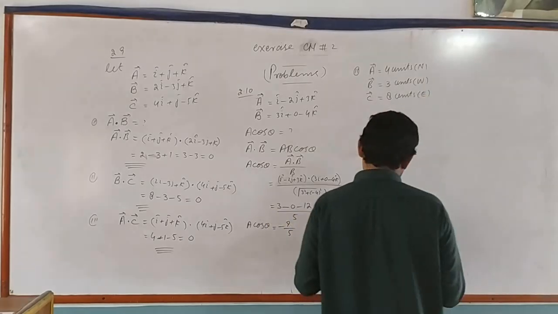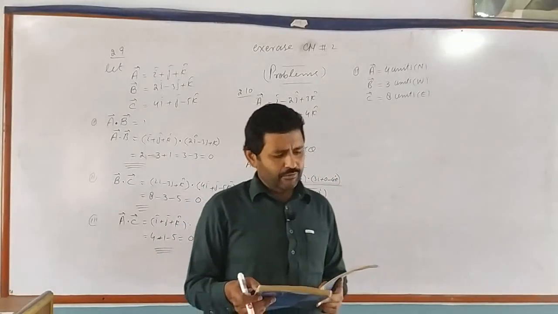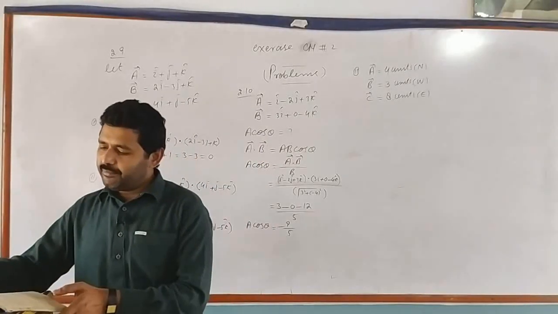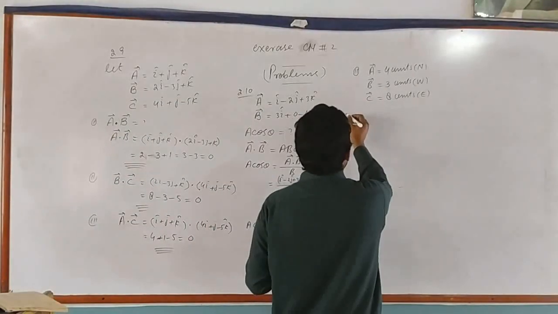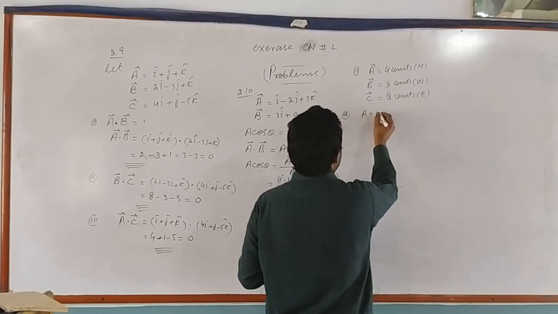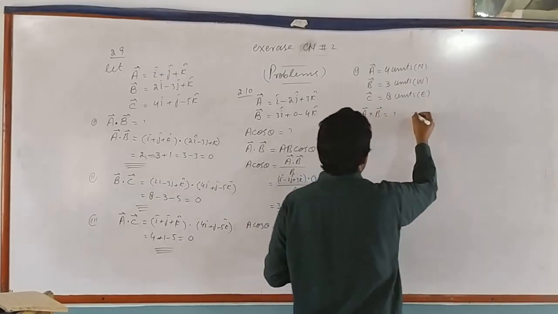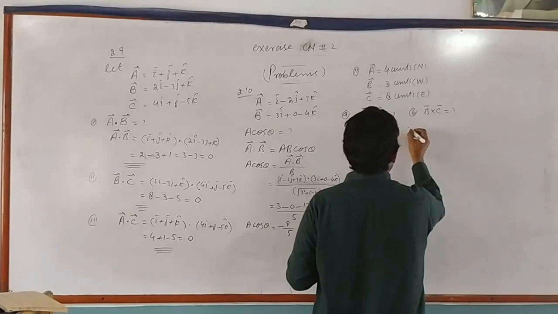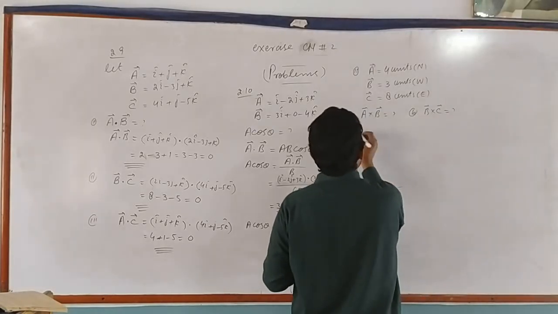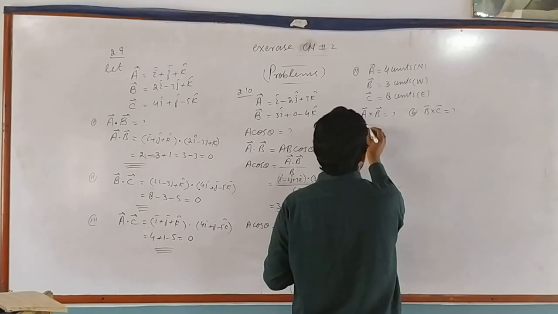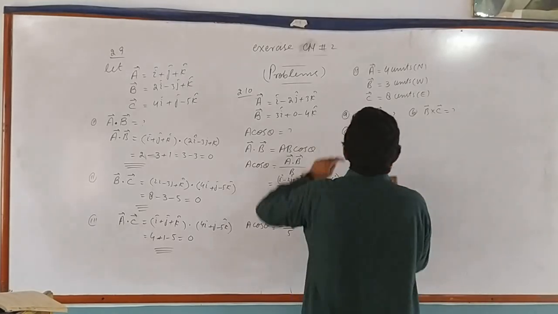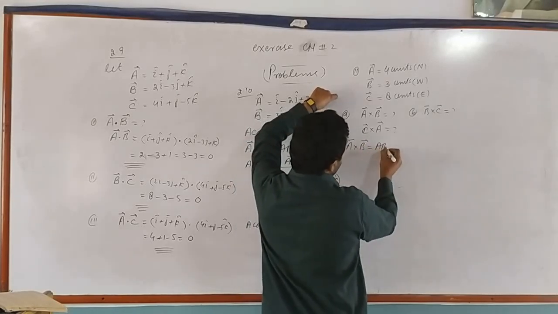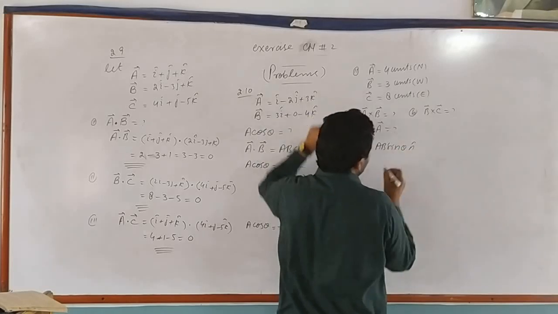Dear students, respectively, we have to carefully find the magnitude. We have to find vector A cross vector B, similarly vector B cross vector C, and vector C cross vector A, as vector A cross vector B is equal to AB sin theta into n unit vector.